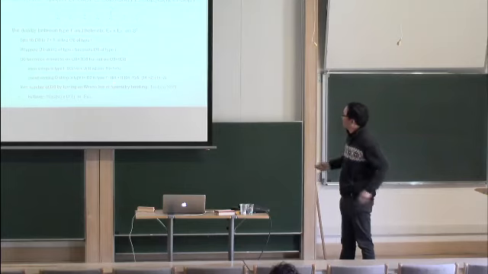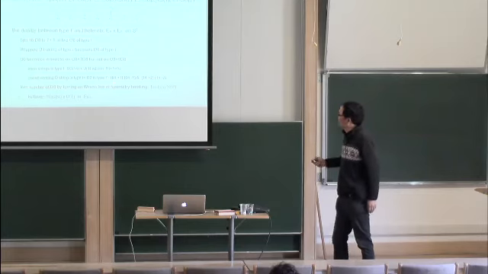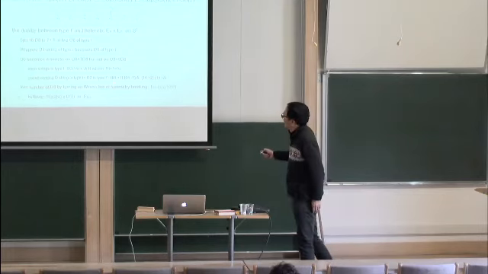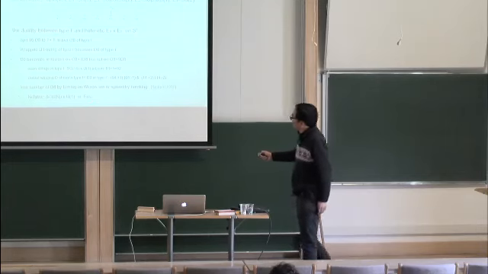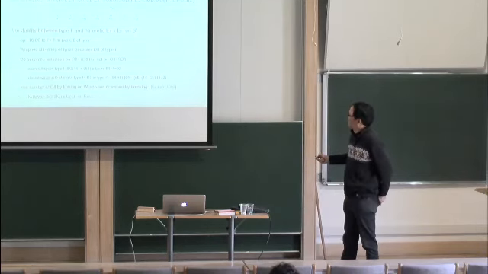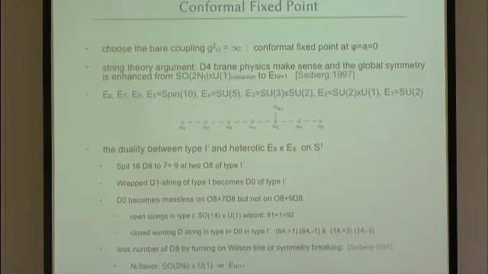Then one can use a Wilson line to break E8 to smaller exceptional groups. So that's how one gets this enhancement of supersymmetry and global symmetry using type I prime and heterotic dualities.